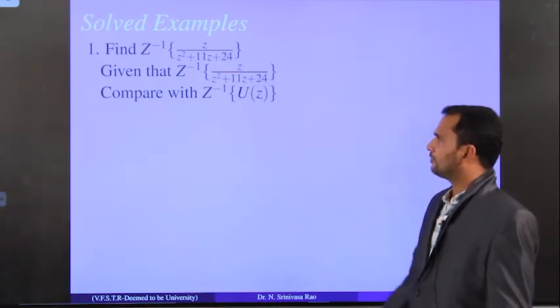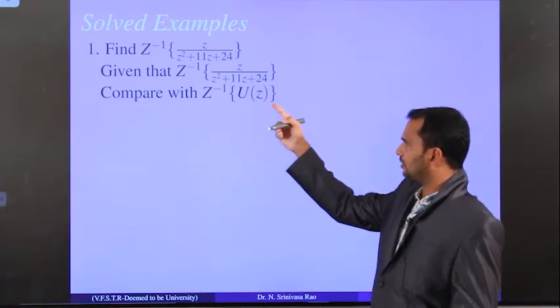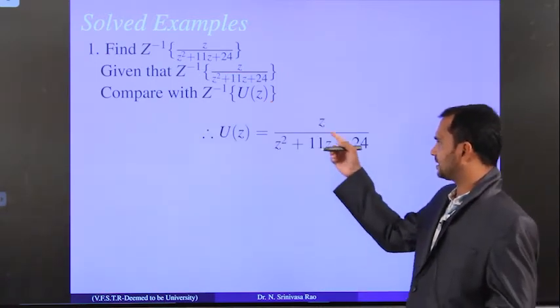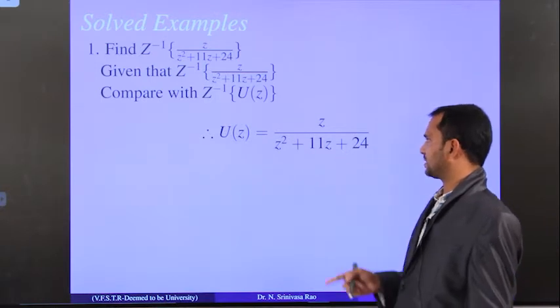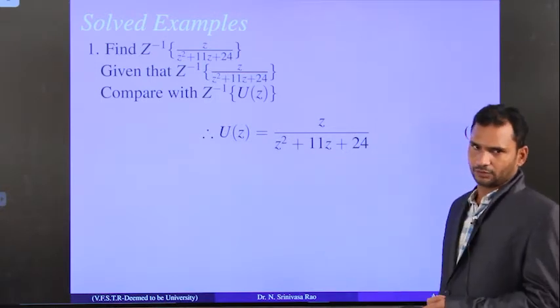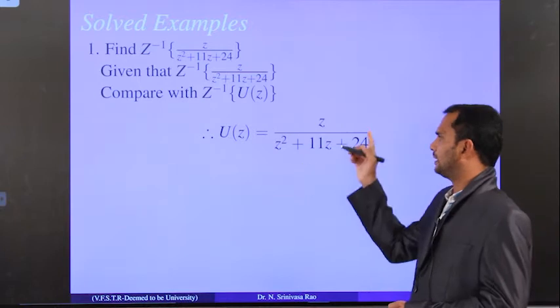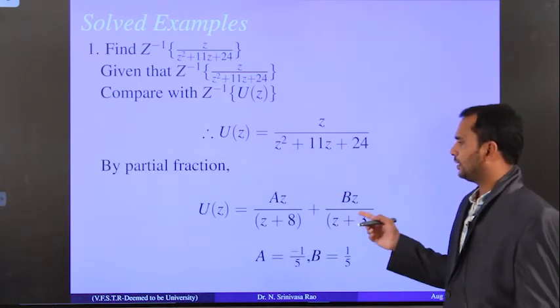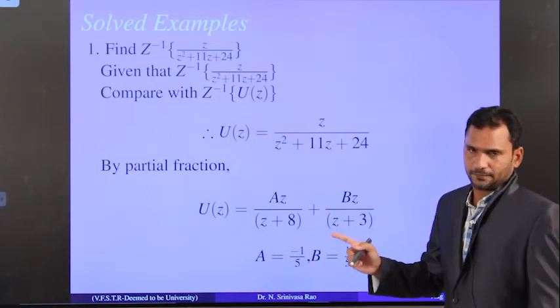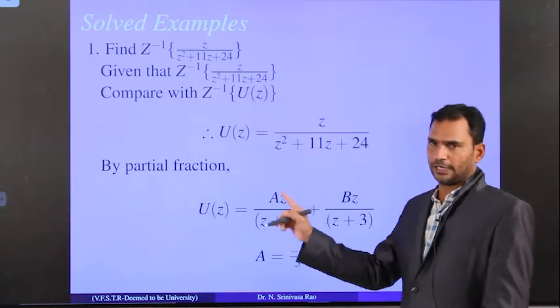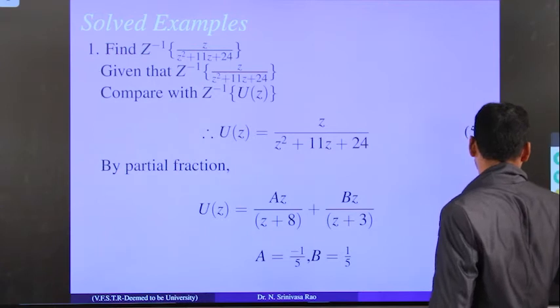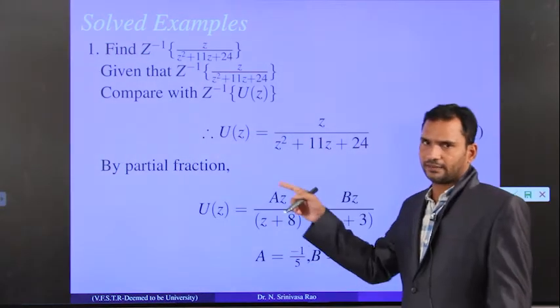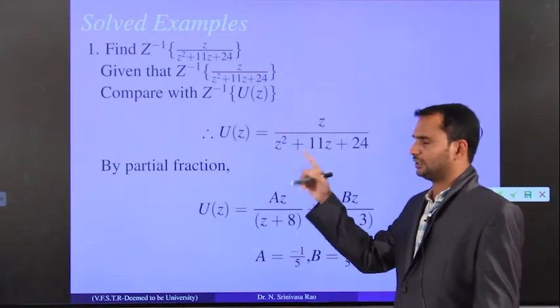If you compare with Z inverse of u of z, obviously u of z is z by z square plus 11z plus 24. First you have to find u of z. Once you find u of z, we have to go for partial fractions. Now a very important point, look at it. This is the reason why I said in the previous slide that z is common in the numerator everywhere.